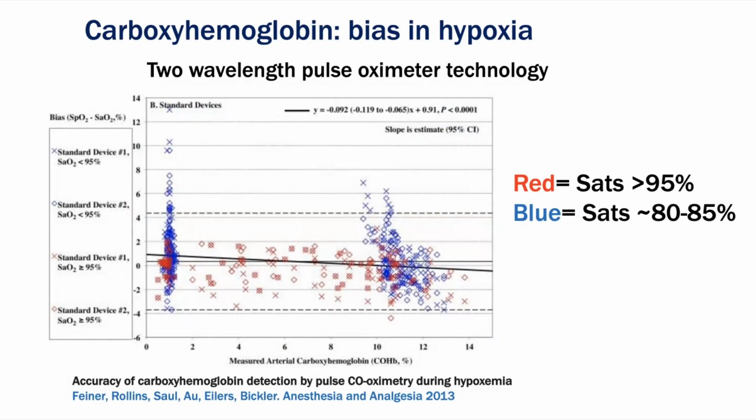And if these subjects are simultaneously desaturated, the pulse oximeter then reads too high. In other words, the pulse oximeter is seeing blood that looks redder or more saturated than it really is. So that confounds the measurements done at low saturation, when the true saturation is actually lower.